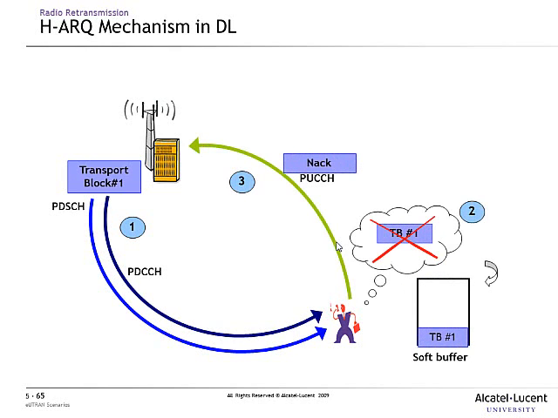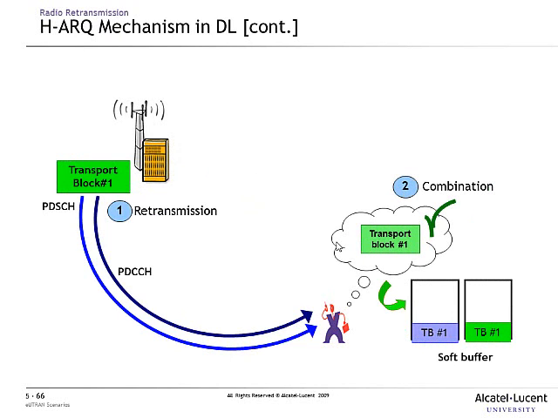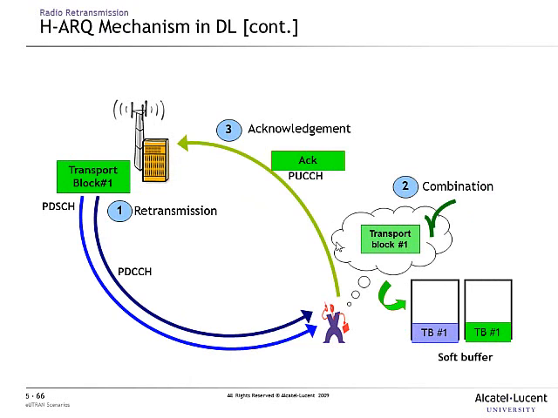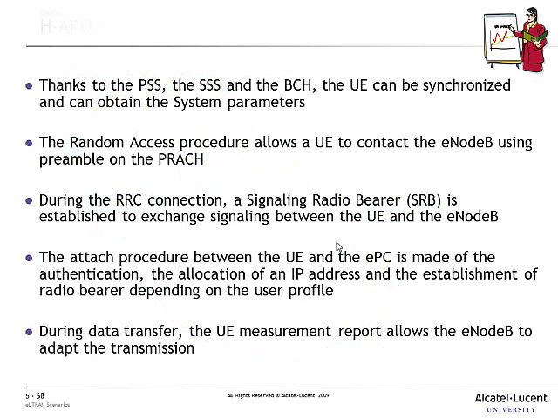It sends a negative acknowledgement on the control channel, the physical uplink control channel, and then the eNode B does a retransmission of the transport block, and this time the UE combines the two transport blocks in the soft buffer, and if it's able to successfully combine these two transport blocks, then it sends an acknowledgement, and that's the basic idea behind HARQ. The same thing happens in the uplink direction as well.